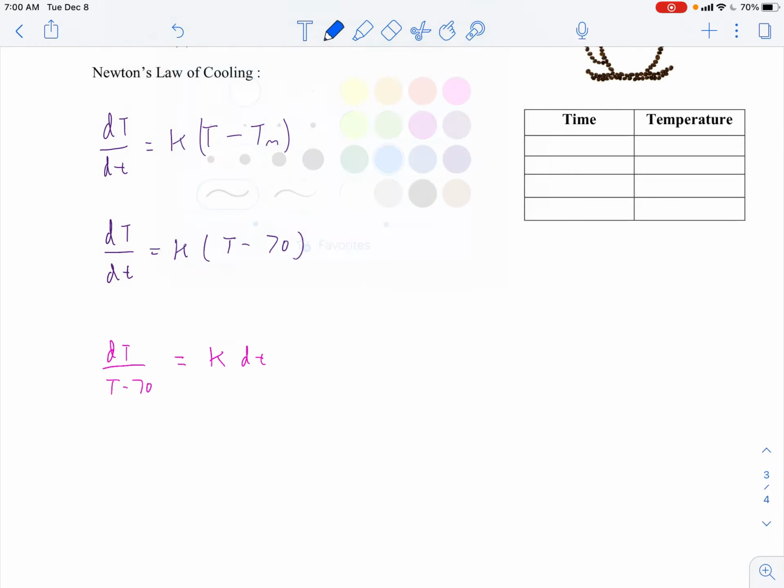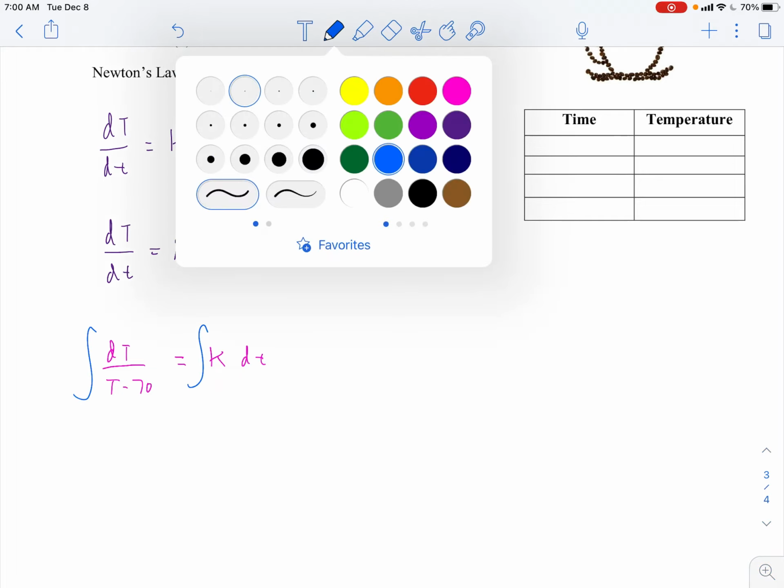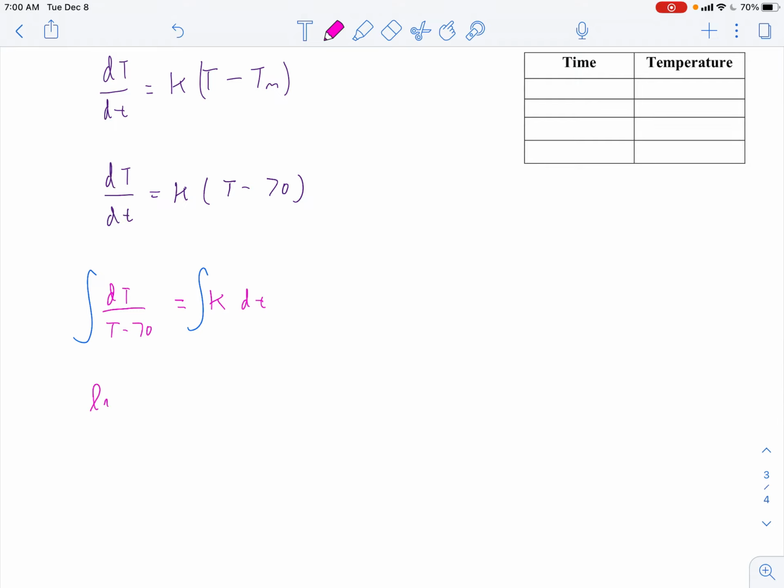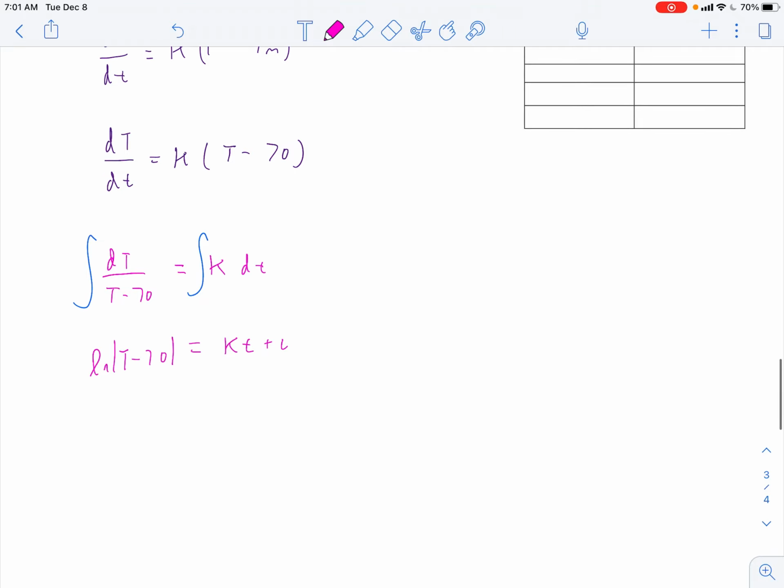We want to integrate both sides. So we integrate both sides, and we're left with natural log of |T minus 70| is equal to kt plus C. Now we want to get T by itself, so we put exponentials on both sides.